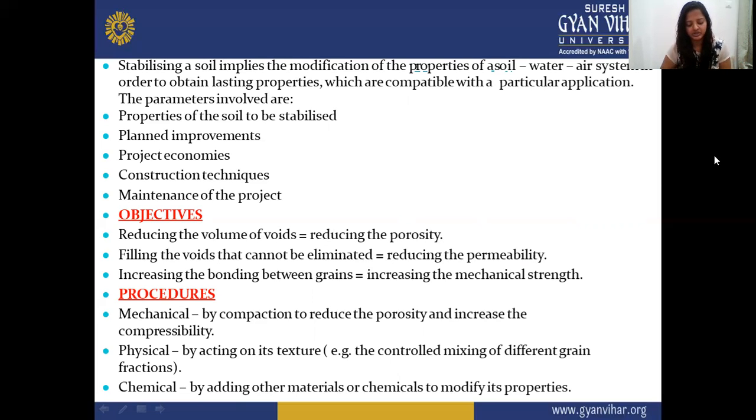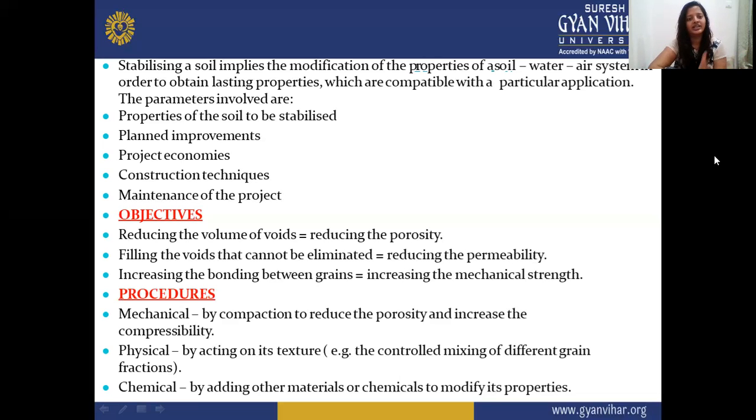So we have to make sure that, with planning the techniques for stabilization, it is quite crucial that the technique that we're using can end up in two ways. One is that you are using technology to stabilize a particular soil, but the method that you're using is not efficient.